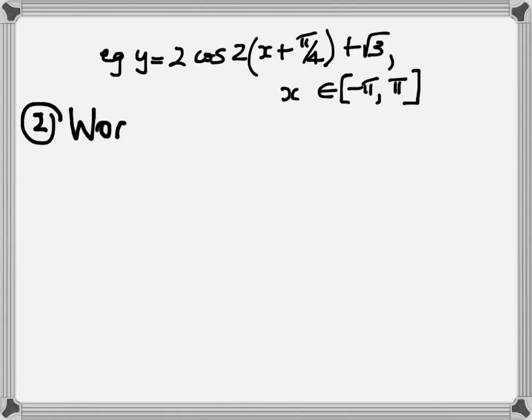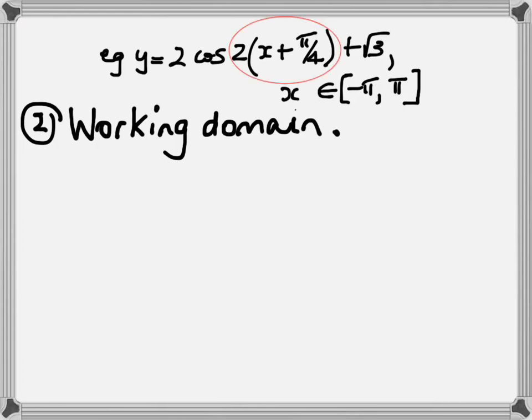There's the function. The first thing I like to do is work out what I call the working domain, and that is not the domain of x, but the domain of the whole expression behind the trigonometric symbol, such as in this case cos. So I've put a circle around it just to emphasize what I'm talking about. I want to know the boundaries of that expression so that I can easily capture my x-intercepts without calculating a whole lot of superfluous ones that are out of range, which I only find out about at the end.